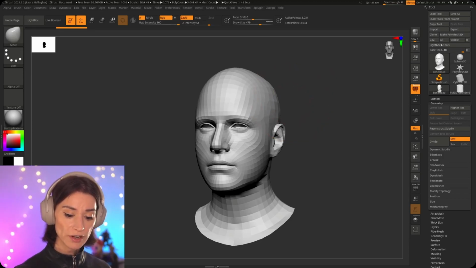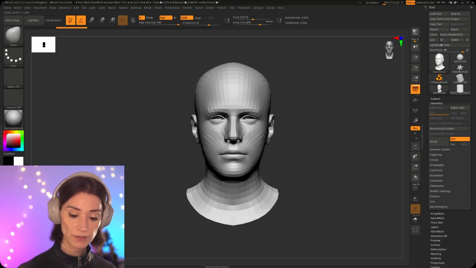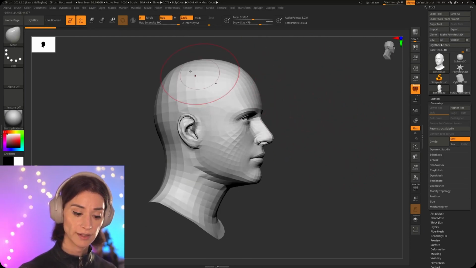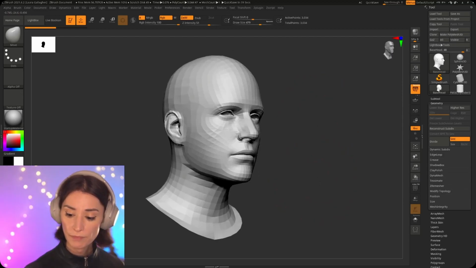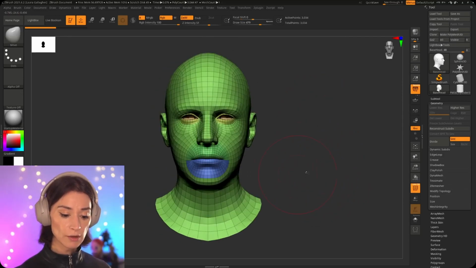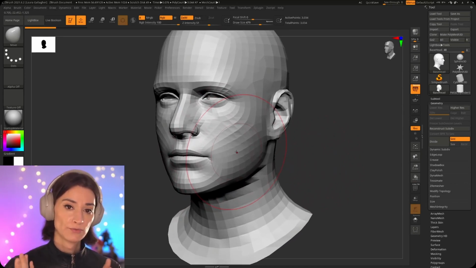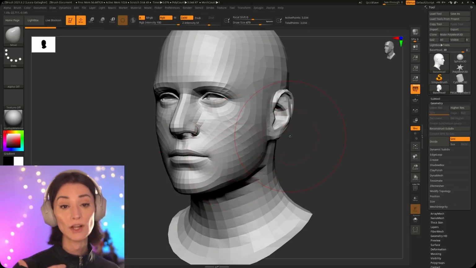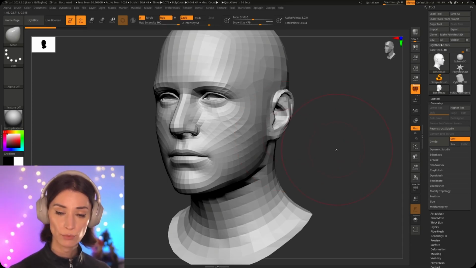So the starting point is more or less the same. You just go in here and you change your proportions if you want to make a head that's going to look a lot different there. So the brushes are certainly the same, but eventually you're like, okay, well, there's really just a very small amount of stuff I can do with this particular head. At some point, I really have to subdivide it so that I can get more polygons out of this, so that I can start sculpting on it at a higher resolution.